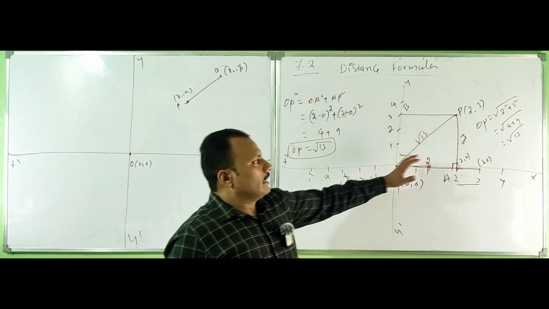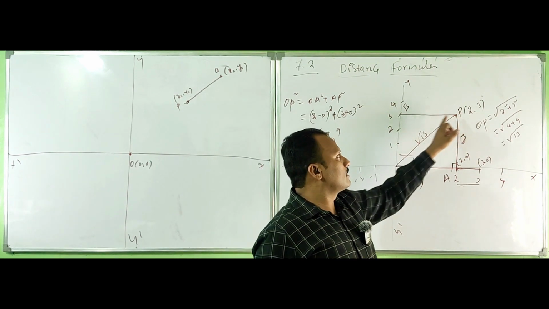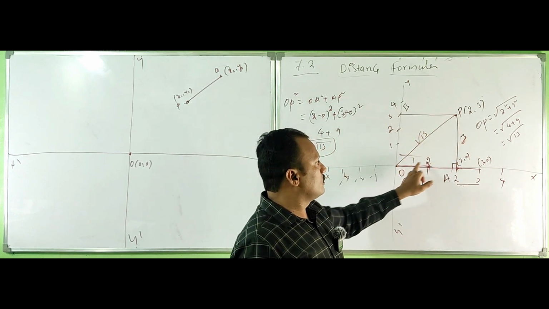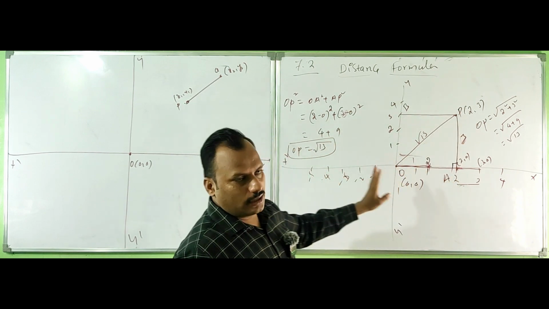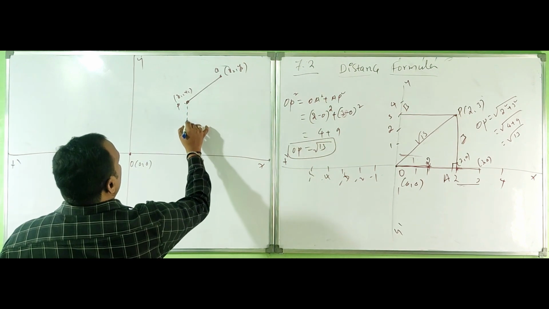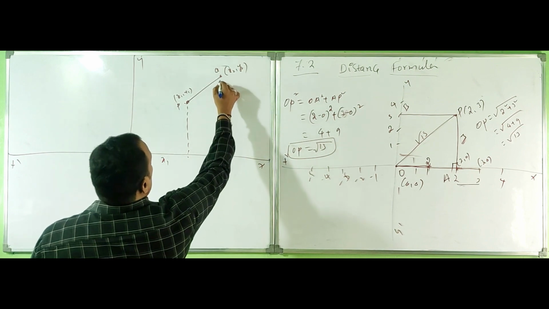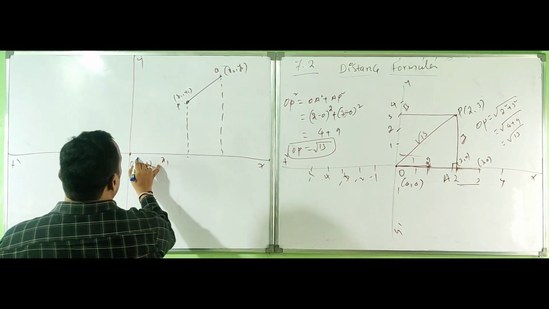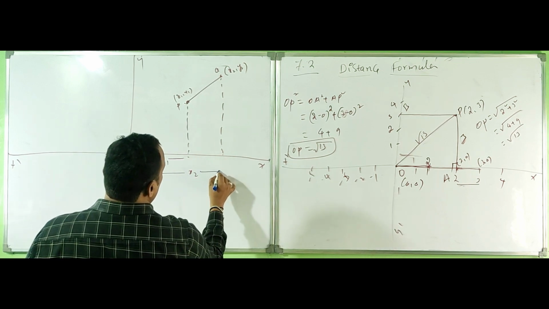See what I am using here. Distances are taken as 2 minus 0 and 3 minus 0, so 2 minus 0 whole square plus 3 minus 0 whole square. This is the right angle triangle method. Here, this distance is x1, and this whole is x2.